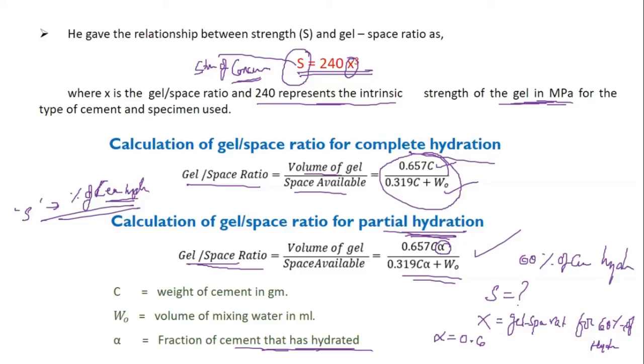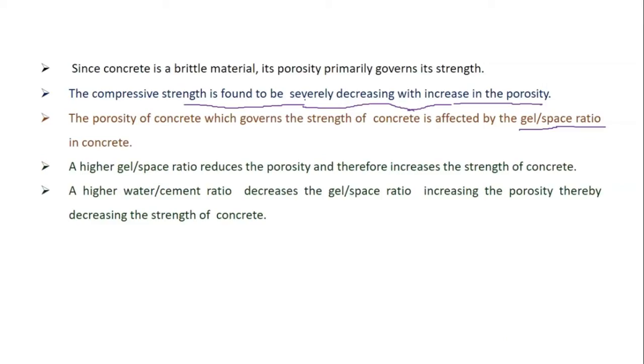Okay, so how does this gel space ratio influence the strength of the concrete? We know that compressive strength of the concrete decreases with the increase in porosity. As porosity increases, that is, as voids increase in concrete, the strength keeps decreasing. But this porosity is dependent upon gel space ratio.